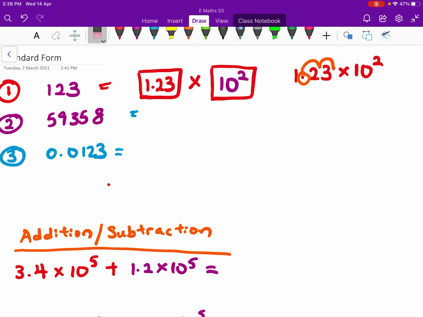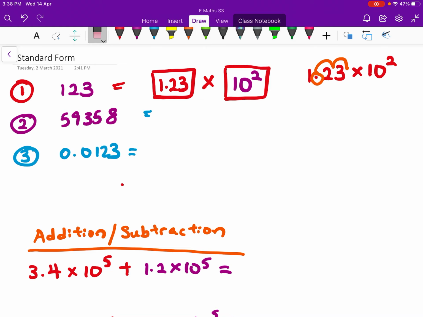Okay, so let's go to our second number. The second number is rather big, 59358. So what is the number that we should put? Remember, the first number we try to put between 1 and 10.